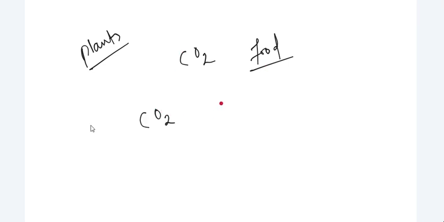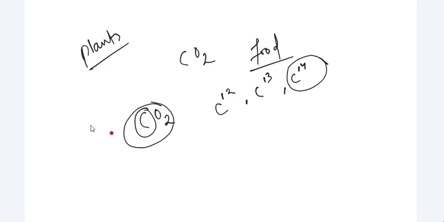Now the plants consume CO2 to produce food. Now this C may be C12, maybe C13, maybe C14. As C14 has already acquired the equilibrium with C12 and C13, in this CO2 part the plant will also consume the C14.